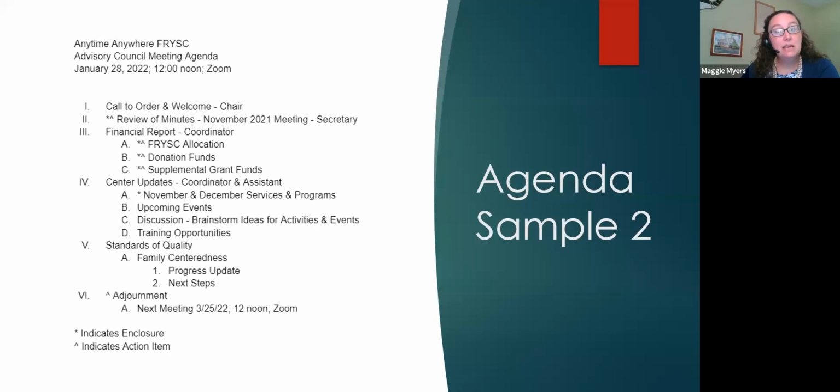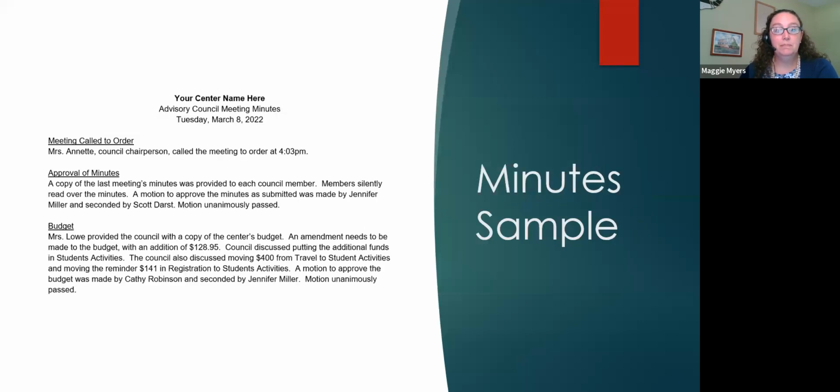This is another example of a meeting agenda, and all of those elements are present here as well. Approval of minutes, the financial report, center updates, and standards of quality. Minutes, however, are a narrative of what took place in the meeting.